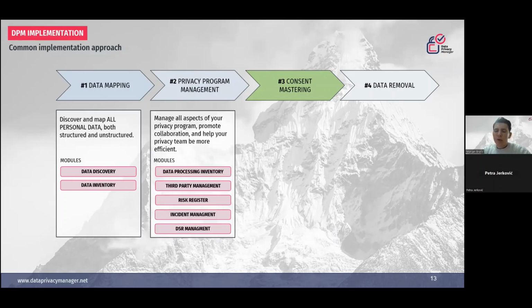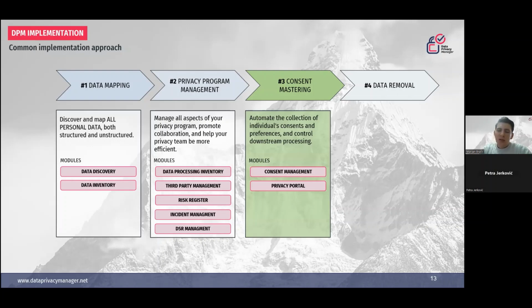Moving on to the privacy program management, this is a set of tools for the privacy compliance and legal team where they need to keep the documentation and central management of records of processing activities and who you share data with, how your contracts look, did you have any incidents, what are the risks for the rights and freedoms of individuals, and managing their access requests or right-to-be-forgotten requests.